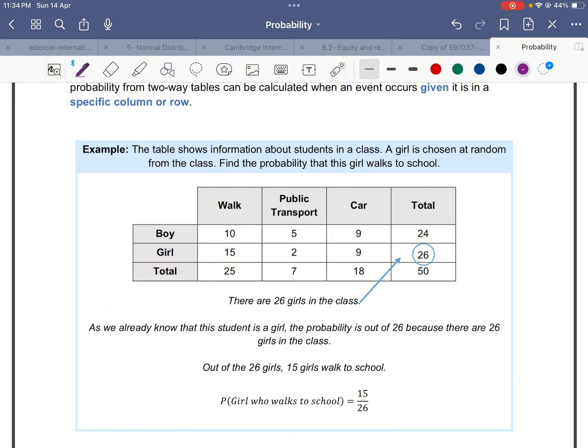So find the probability that this girl walks to school, means probability of walking given that this is a girl. Given that this is a girl means we have to find probability of walking intersection girl upon probability of a girl. Walking intersection girl is 15 and total girls are 26. Right? So this is conditional probability.